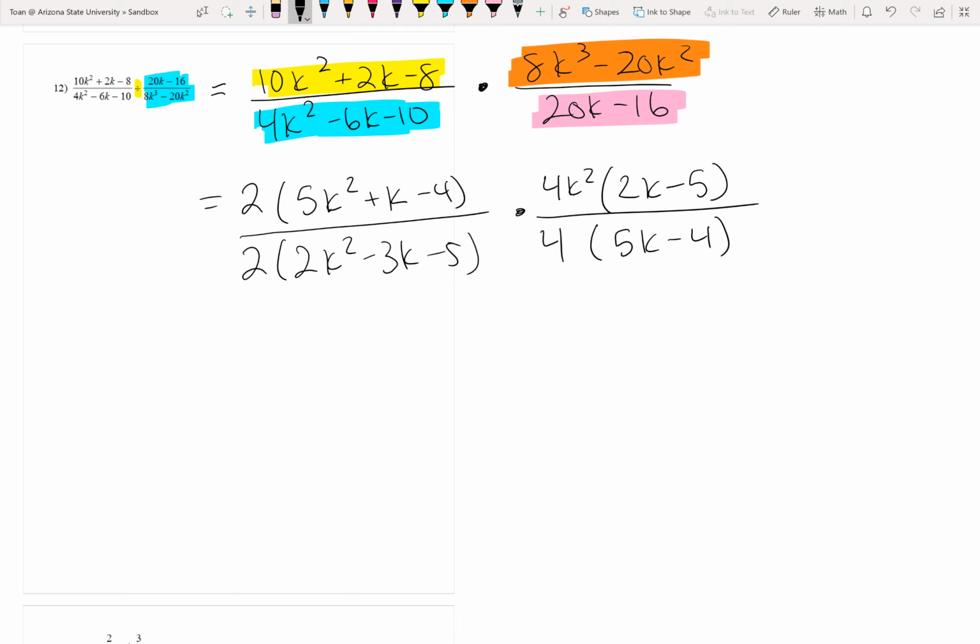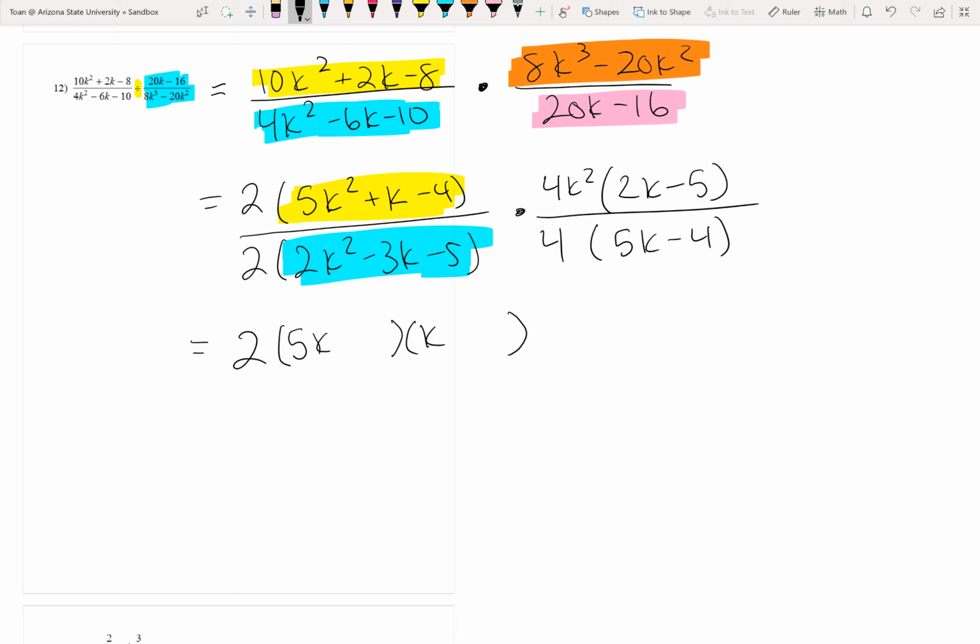I still have trinomials, these guys here. So my next step is to factor those guys. Notice anything I do not highlight, I'm just going to copy down. Did not highlight the 2, so bring them down. I'm going to factorize this trinomial, 5k and k, and again it's just practice factoring, so I'm not going to spend the time explaining it.